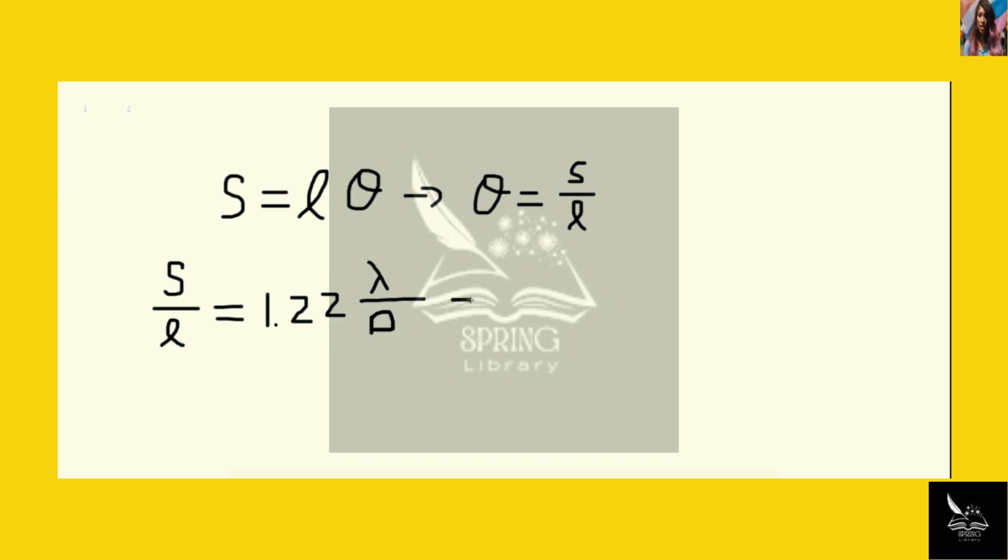So we can just rearrange this equation to solve for d. We find that d here is equal to 1.22 lambda times L over S. So if we plug all these values into this expression, we find that the distance d here is equal to 1.694 times 10 to the minus 1 meters, or 16.9 centimeters.